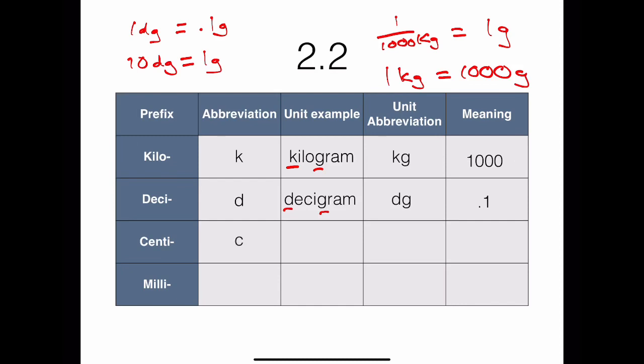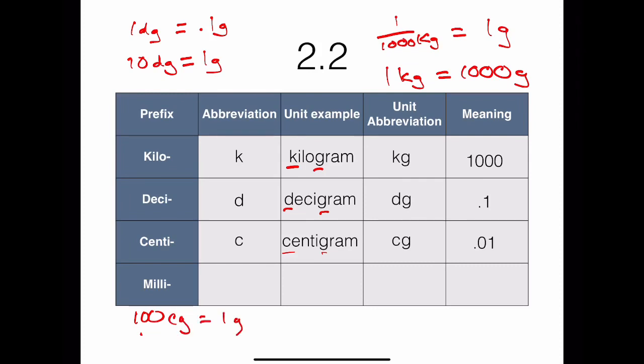It's always how many of the base unit I need to equal that metric prefix on the unit. Centi is small c, and we're using the centigram, again, first letter of each one. So this would be abbreviated cg, and centi is 0.01. We can think of this the same way we think of the number of cents in a dollar. How many cents are in a dollar? 100. So therefore, there have to be 100 centigrams in 1 gram.